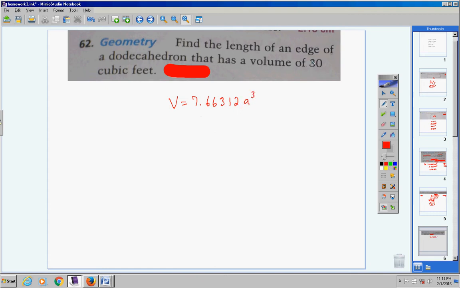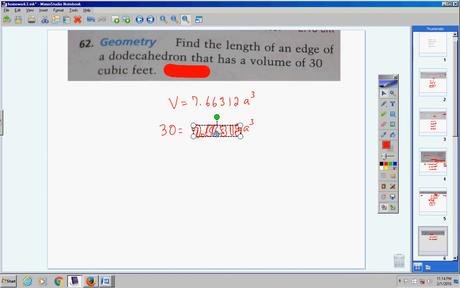And once again, they've given us the volume, and they want us to find the edge, A, so it's done the exact same way. Okay, so 30 goes in for V, and now I'm going to solve for A. So now I must divide both sides by 7.66312. Alright, divide both sides by that.